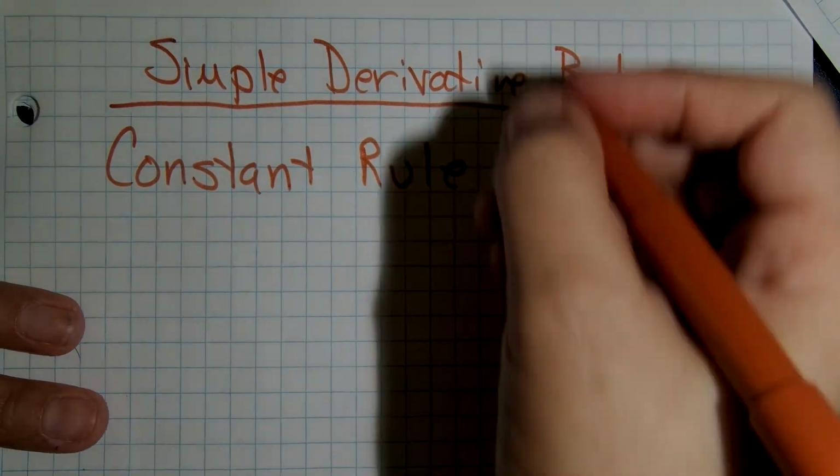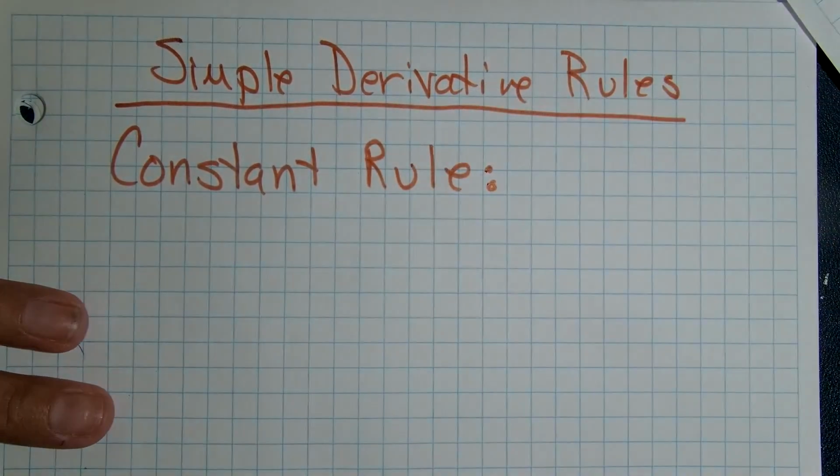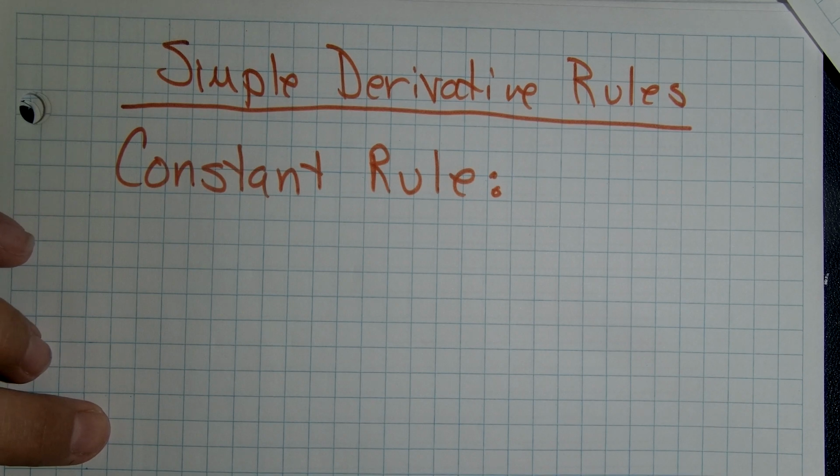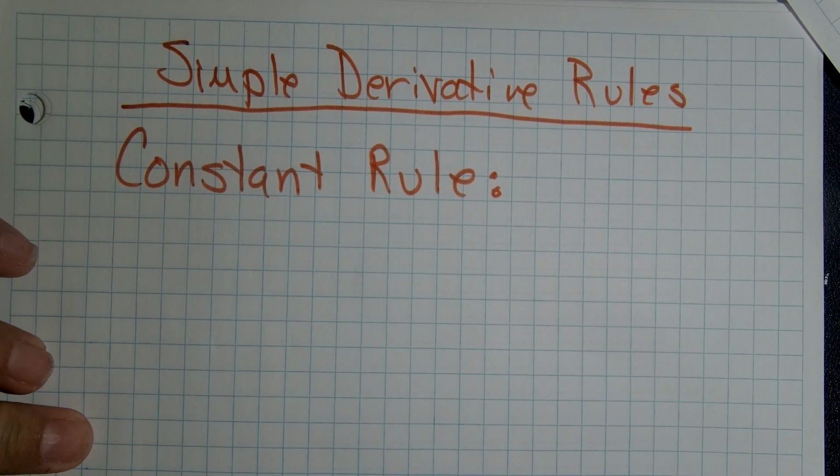The constant rule. Does anybody know the definition of a constant in math? Not something that goes on forever. That is not the definition of a constant in math. Nope. Nice try though.